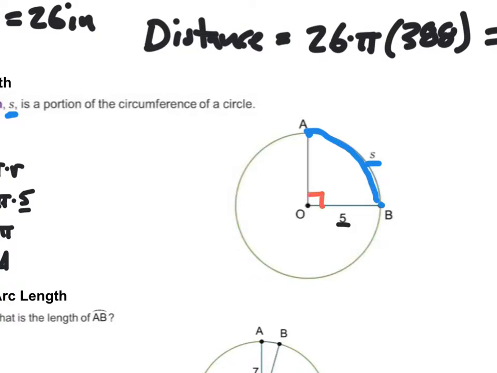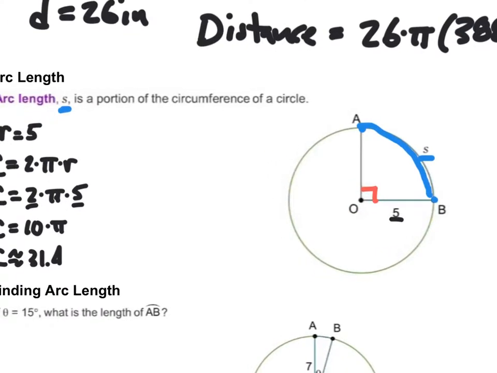So if this is part of the edge of a circle, and this is a 90-degree angle here, then I know that this is a 90-degree angle that's a part of a whole circle, which is 360 degrees.